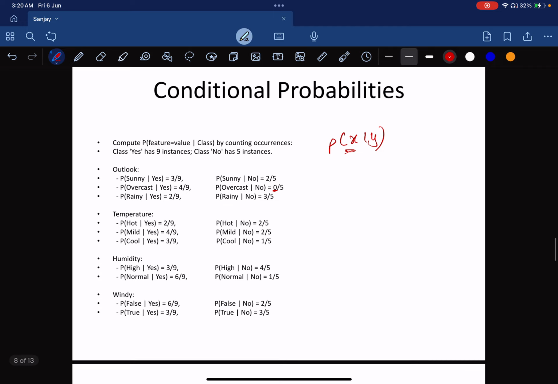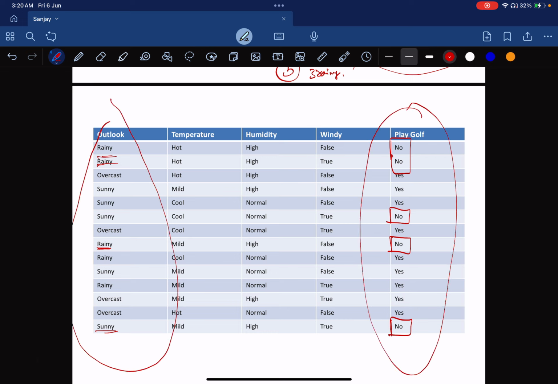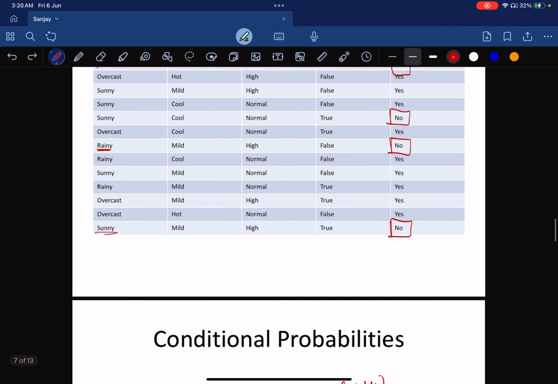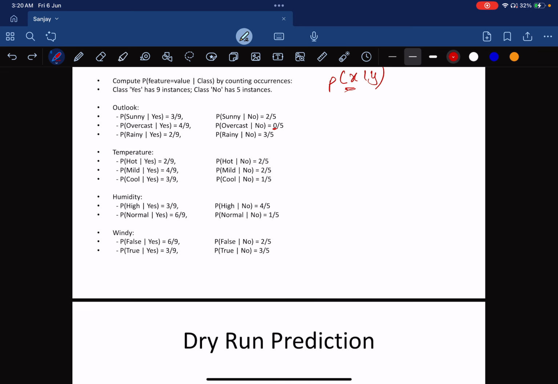We similarly find the probability for the yes and no classes for overcast. Similarly, we do it for temperature, humidity, and wind. You can do that calculation by pausing the video.